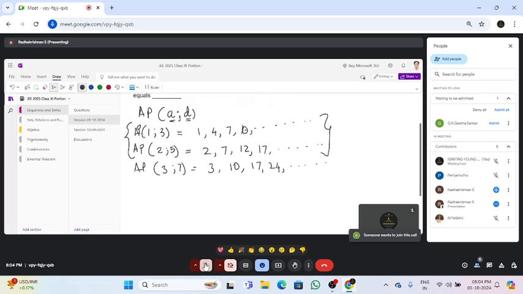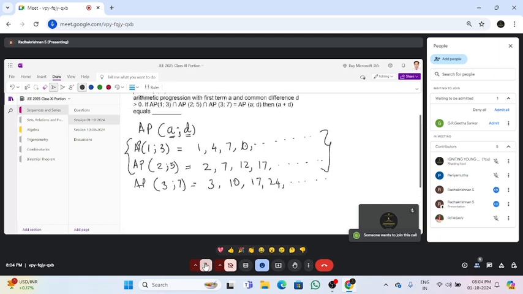Now look, what is the common series between the first and the second? What are the common terms? That is, they should appear in this one and also in this one. Which term is there?